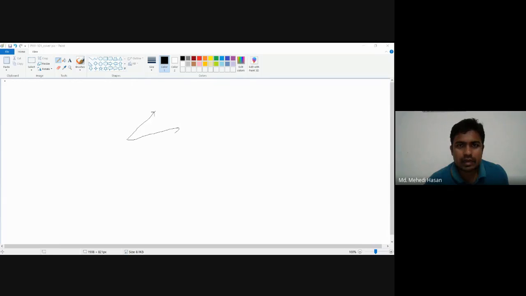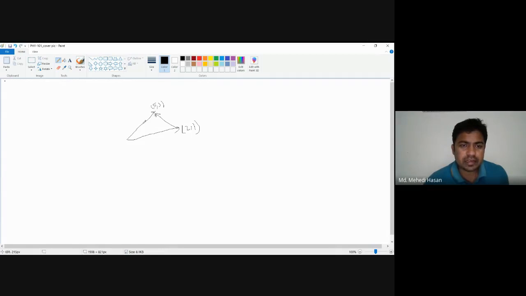Then you have to find the remaining vector. Say the coordinates are given as 5, 3, and here 2, 1.